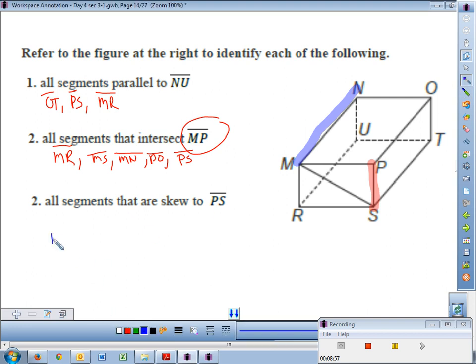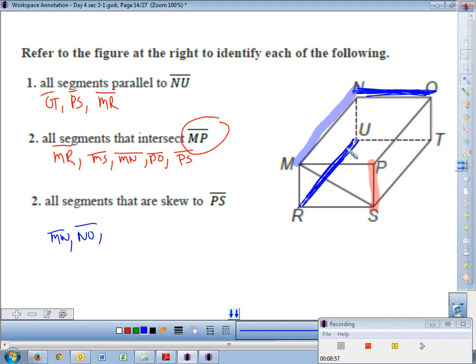Segment MN and segment NO go in a different direction, not touching it, so that's good. Segment OT, nope, that'd be going the same direction. That's parallel. This would touch it, this would touch it. Segment RU would be good. Segment UT would be fine.